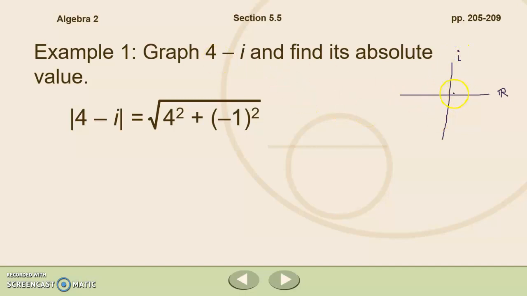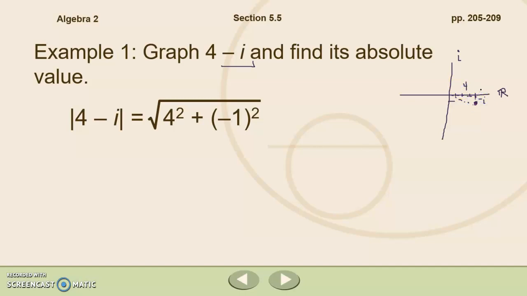So we're going to go to the right 4, 1, 2, 3, 4, and then we're going to go down 1 i. So that would be this point right here. We could connect our points and create this right triangle where this is 4 and this is negative i.